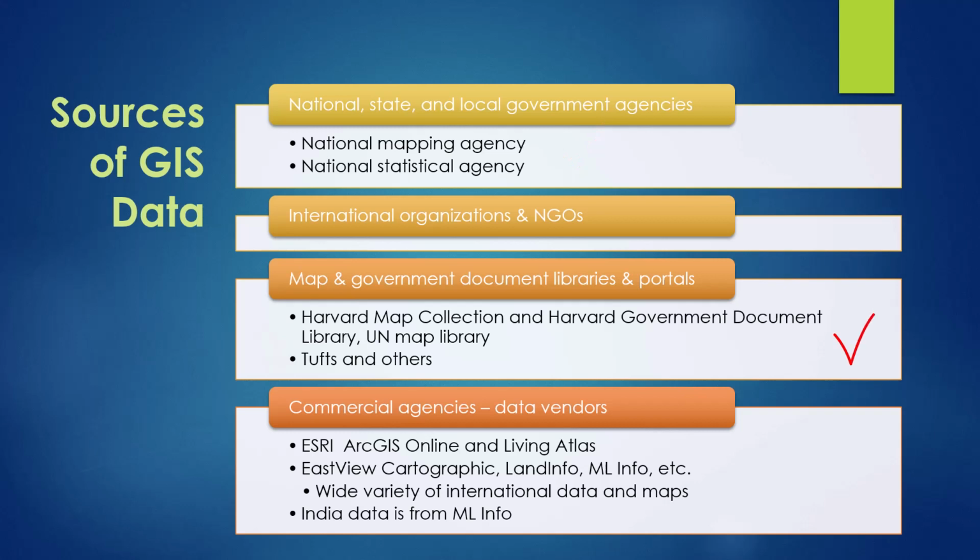Other secondary sources include academic institutions, nonprofit organizations, commercial data providers, and also online platforms that offer geospatial data for public use. These sources may provide data sets related to transportation networks or environmental data, socioeconomic indicators, historical records, and much more.